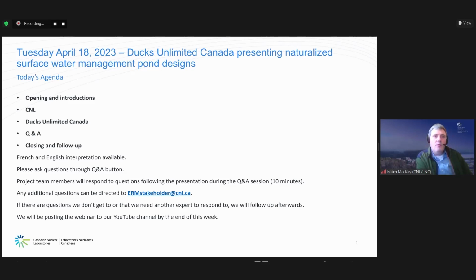This is strictly on the surface water management and the work that Ducks Unlimited is doing related to that. I think as we get into the presentation, we'll get a good understanding of what that scope is. You can still ask your questions if there are questions outside the scope that come into your mind, and we'd be happy to answer those through another mechanism by providing email back. So feel free to ask your question, and we'll be happy to get back to you at a later time.